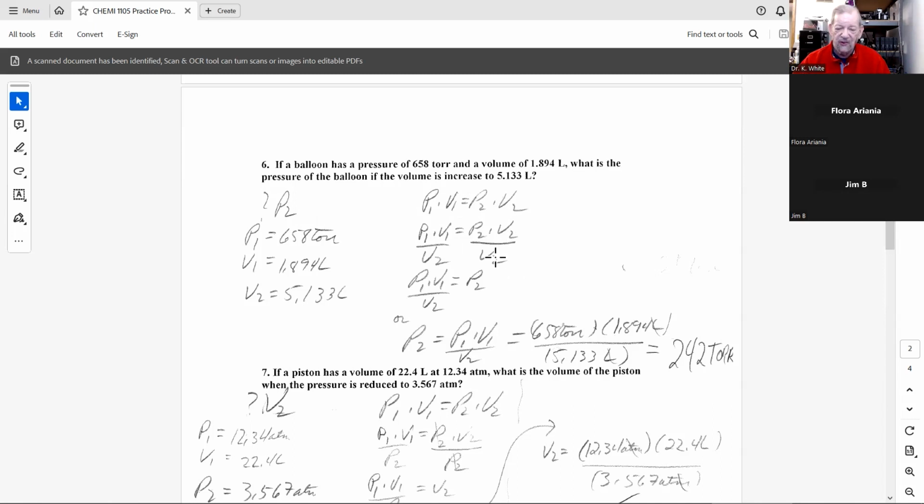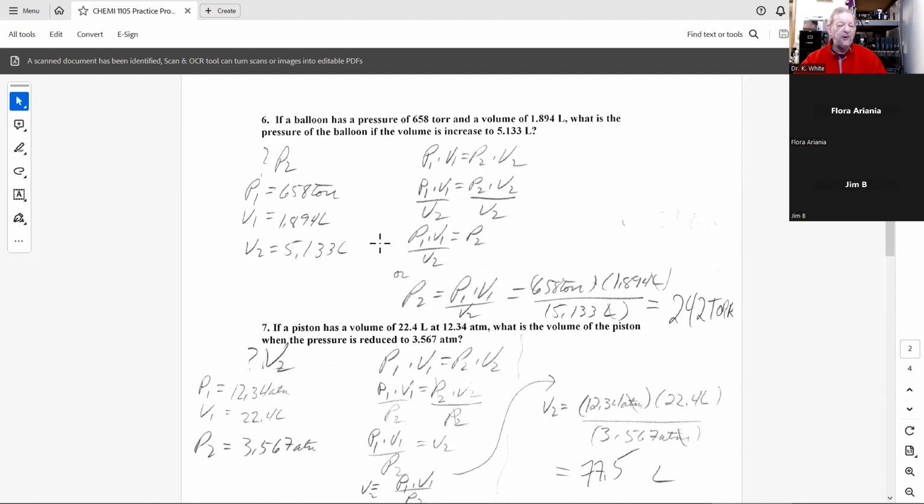V2 over V2 is 1, times P2 is P2. But whatever I do to one side, I have to do to the other. Divide by V2. So now we have V1 times P1 divided by V2 equals P2, the final pressure, which is what we're trying to find.